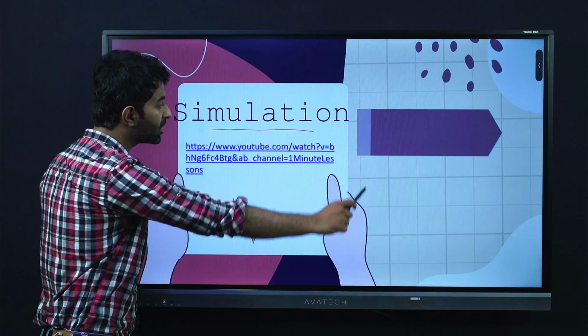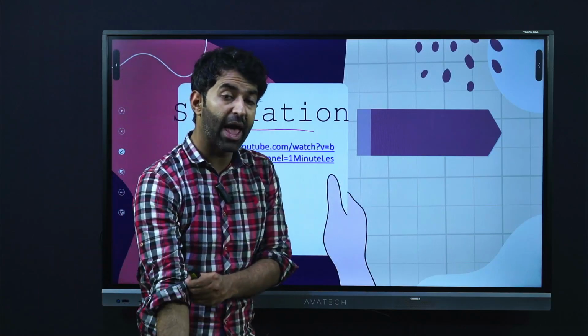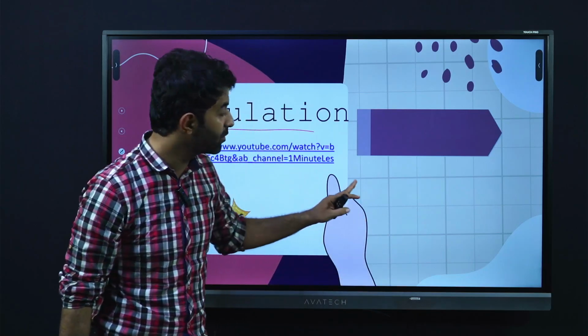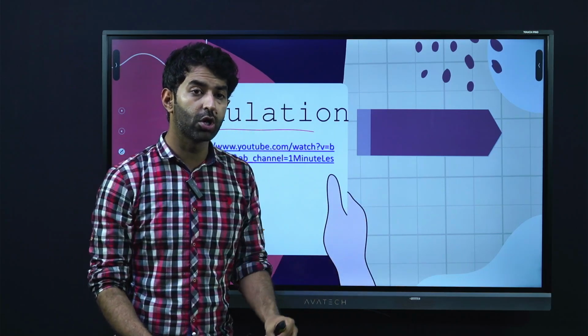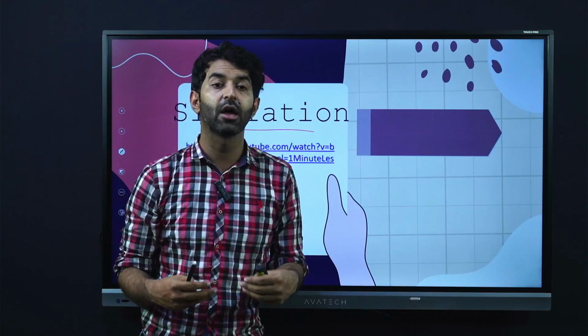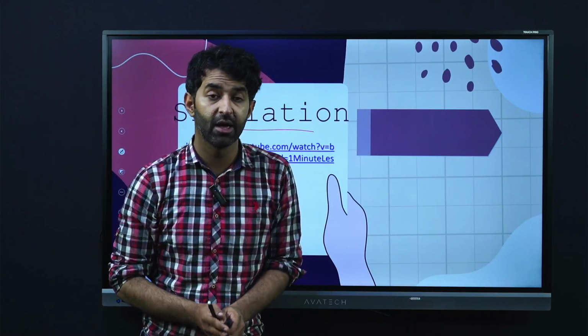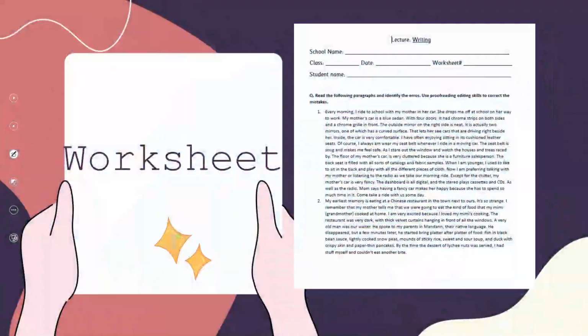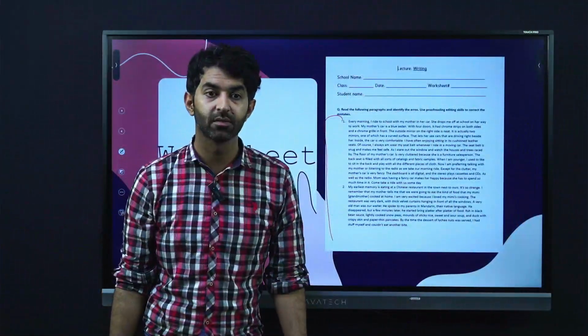Now, my dear learners, after talking about editing and proofreading, we saw some strategies. You can watch this simulation video later on to learn more about editing and proofreading and how you can do it effectively. Now, you can get this worksheet in the resources. What you're going to do is read these two passages and then find the errors.